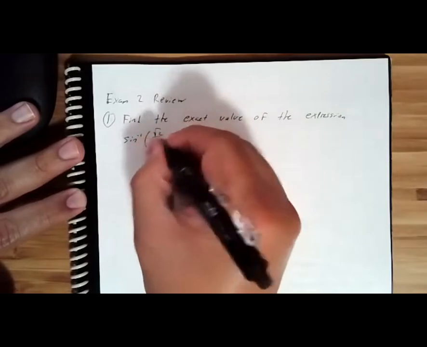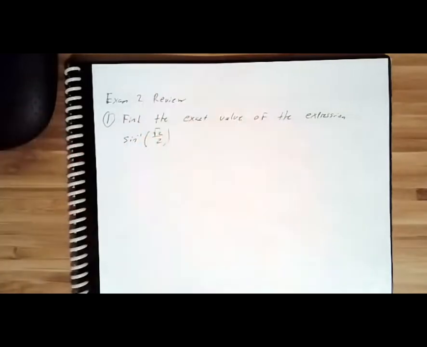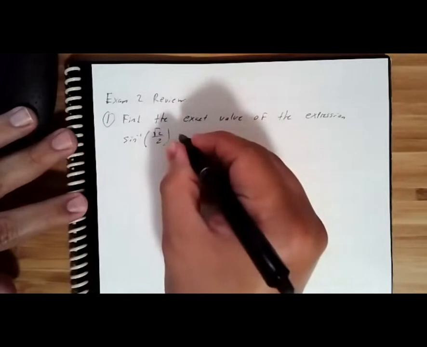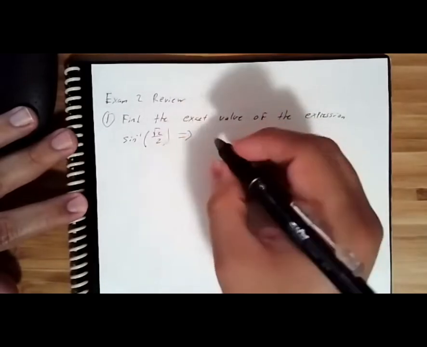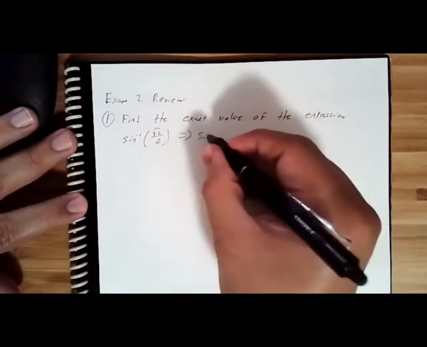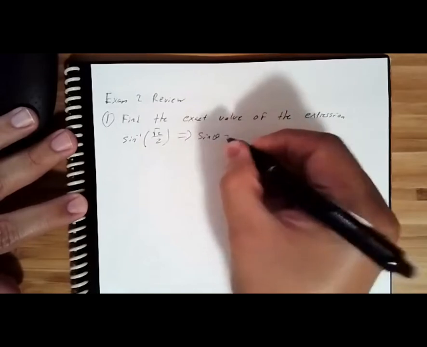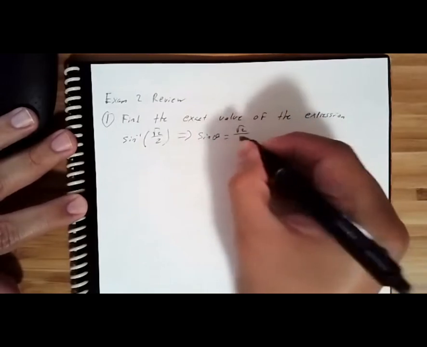Square root 2 over 2. Now, there's not much to do here because it's technically on the circle, but you can apply the definition. Remember that if you use the definition, this is saying that sine of theta is equal to square root 2 over 2.